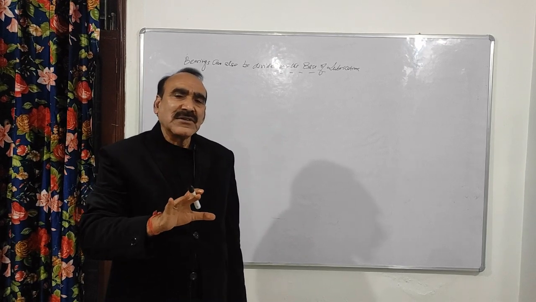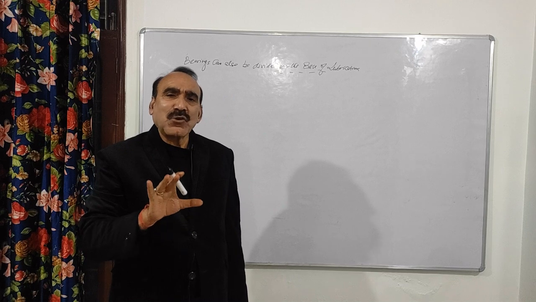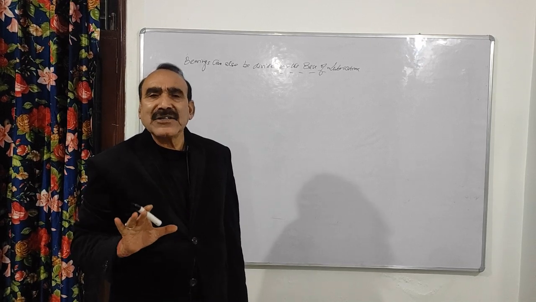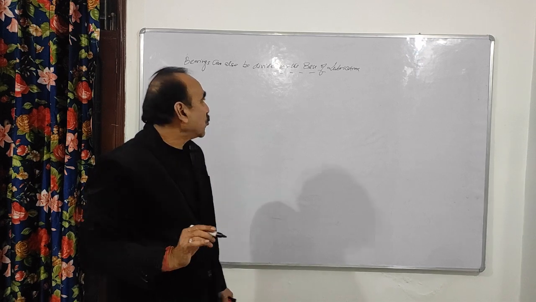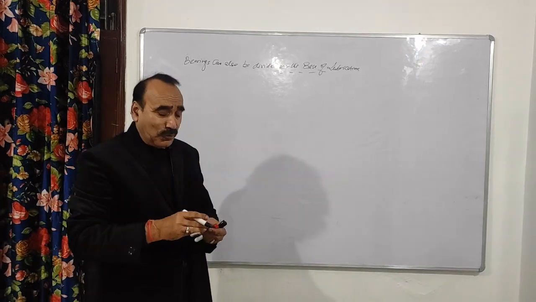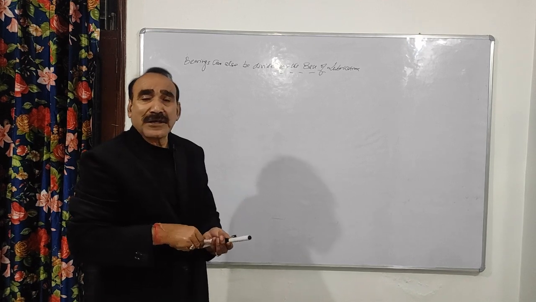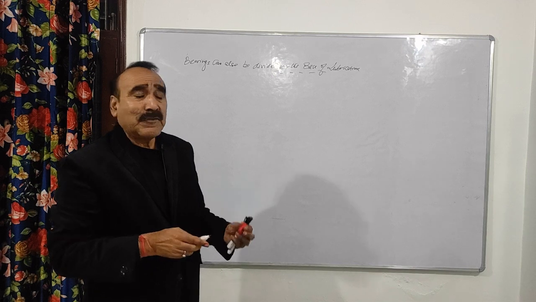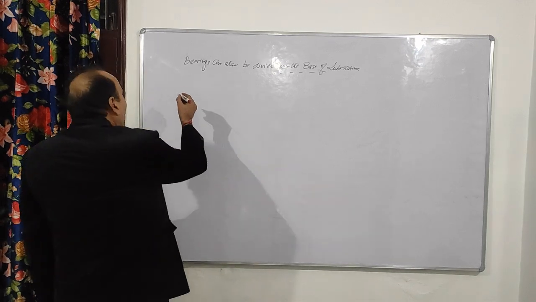The bearings are divided according to what type of lubrication we are providing to the bearings and the journal. First I will explain what thin film lubrication is, and where and for which bearings we use it.